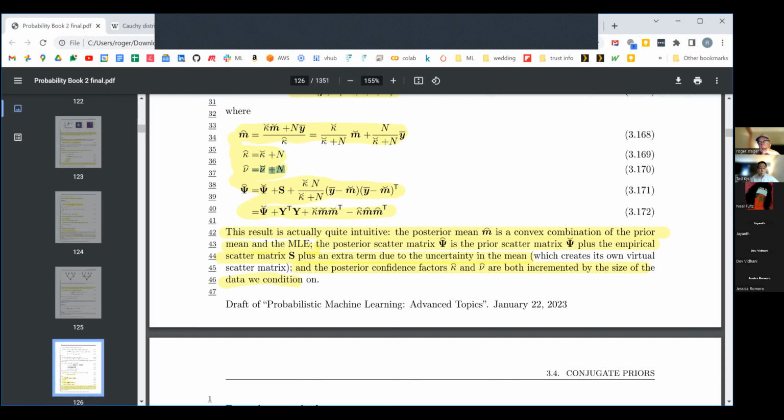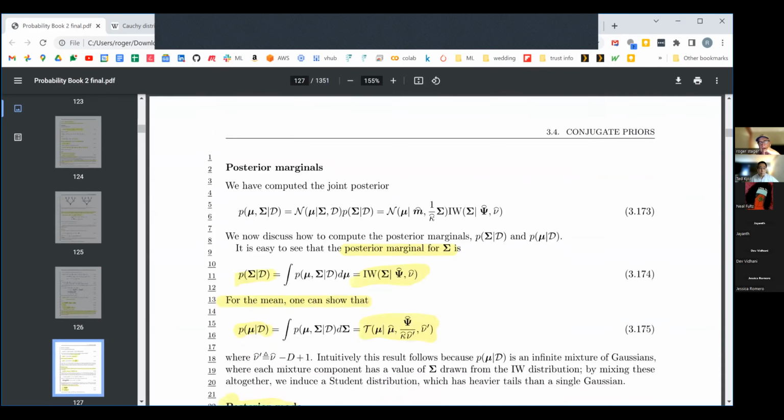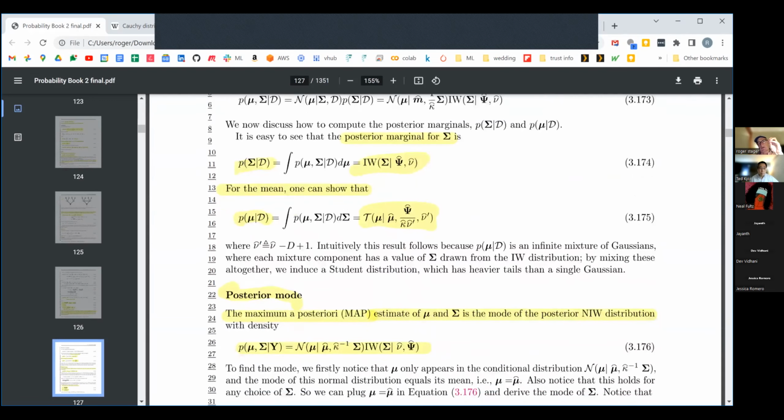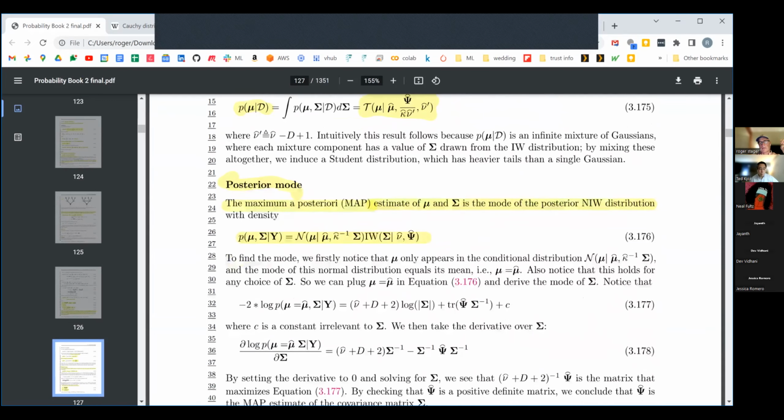There's someplace else also where they talked about essentially getting a bunch of samples with a particular precision is basically the same as getting one sample with n times the precision. That was an interesting one.